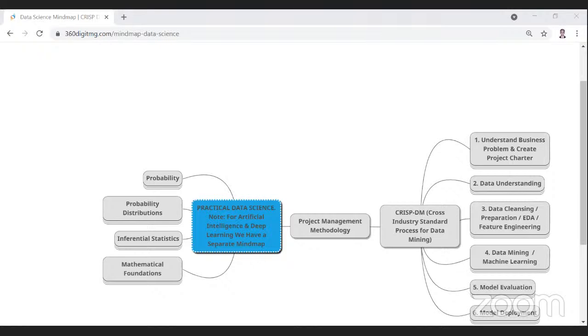Now, we have been discussing extensively about some statistics measures. So today we are going to start with something related to statistics.